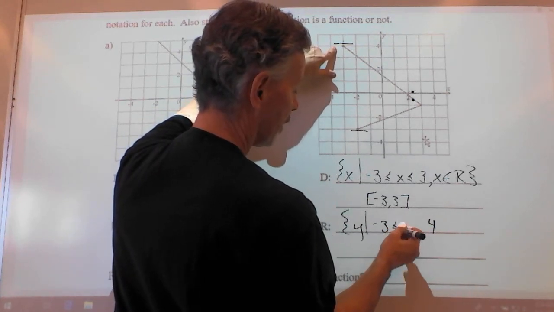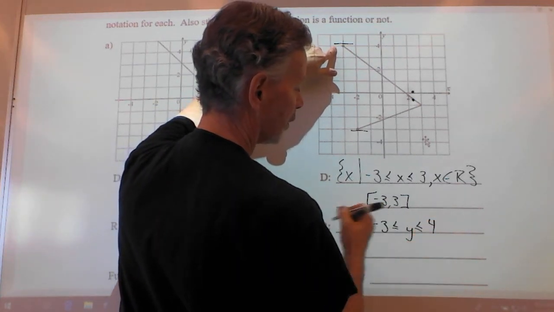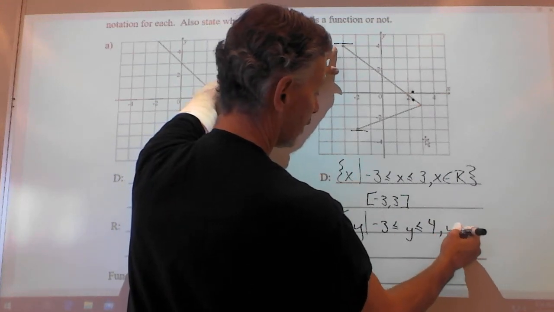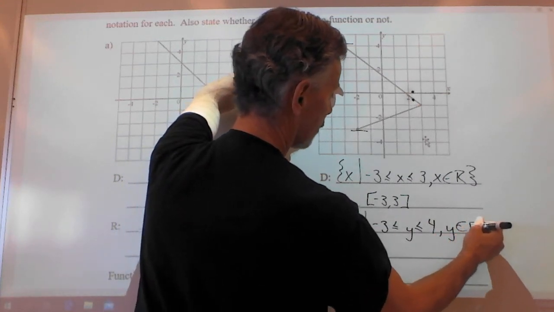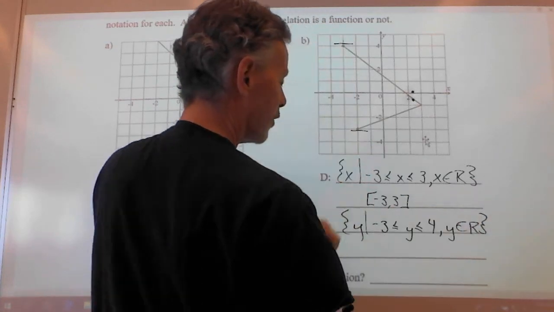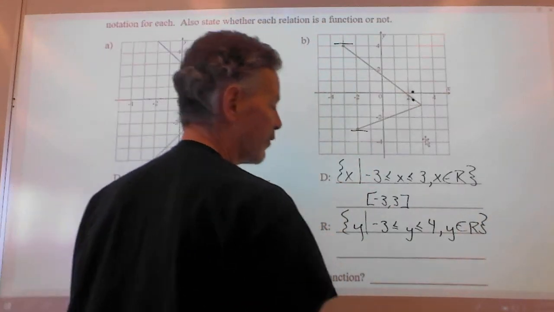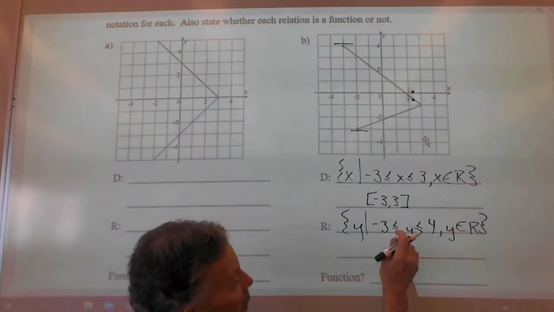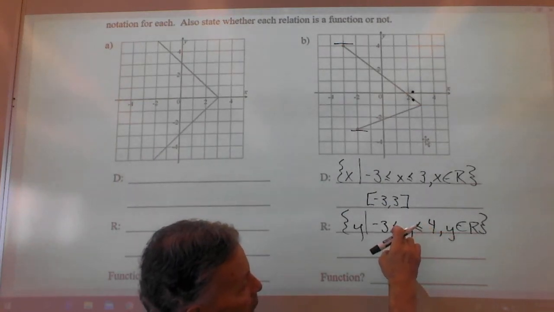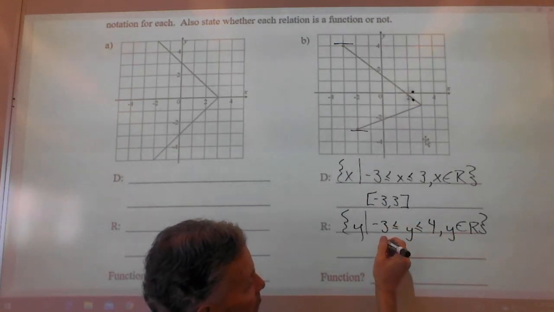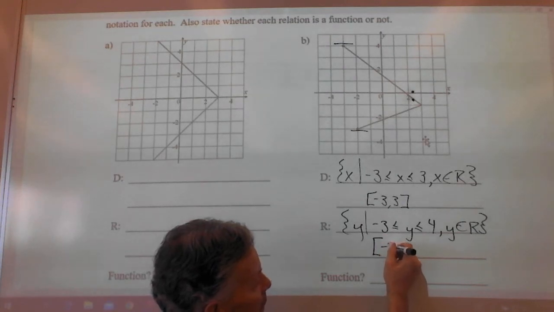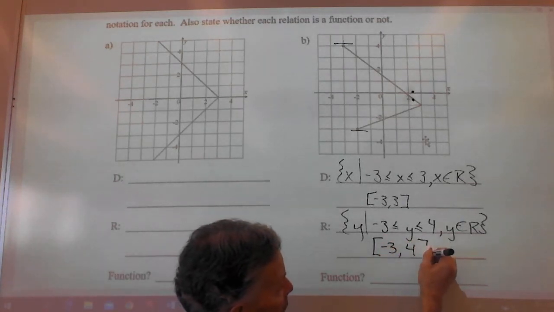Y has to be greater than or equal to -3, less than or equal to +4, and again, Y also belongs to the set of reals. Finally, for your interval notation, we use square brackets because Y can be equal to the extremes. Lowest number, highest number, done.